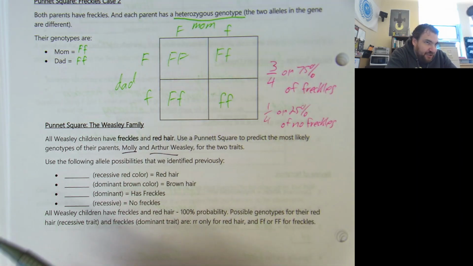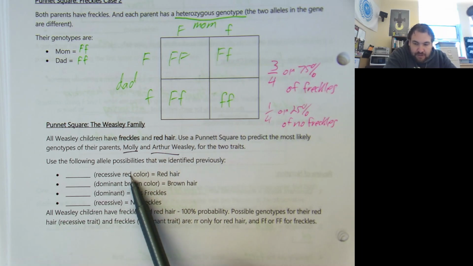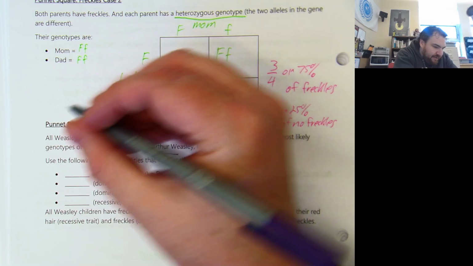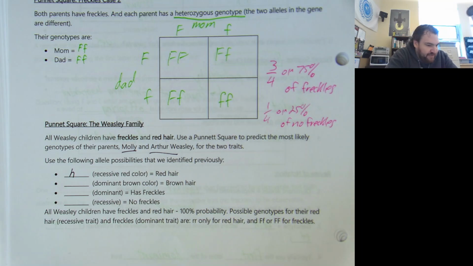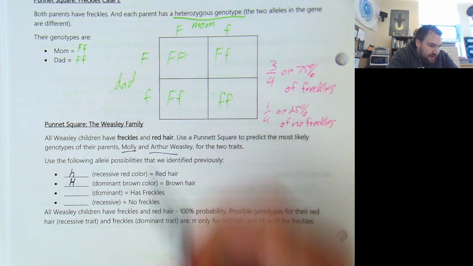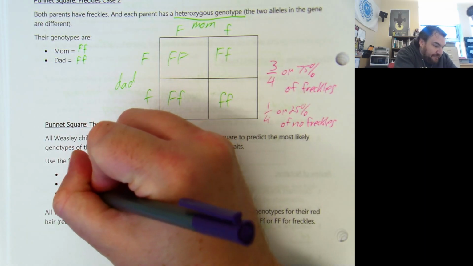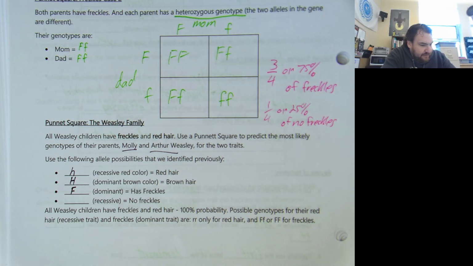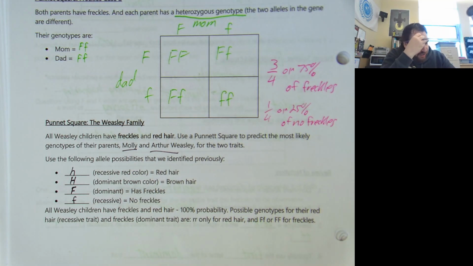Using the information that I've given you already, red hair is recessive, so we're going to call that lowercase h, H for hair. And the dominant color is brown, so we're going to go capital H there. Having freckles is dominant, so we're going to go capital F for freckle, and lowercase f for the recessive no freckle gene.